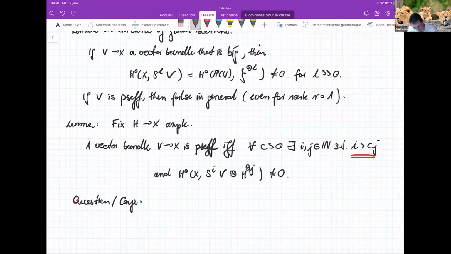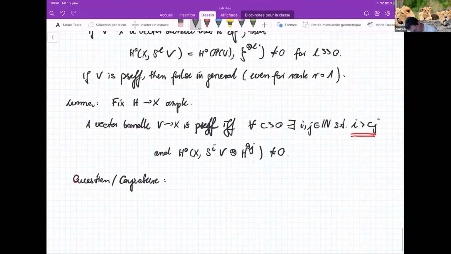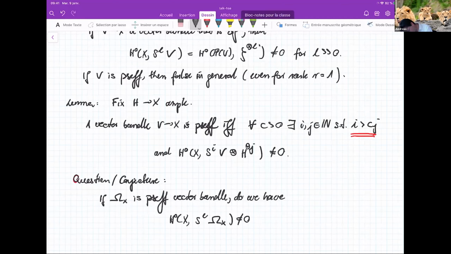Question, conjecture: if omega X is a pseudo-effective vector bundle, then do we have global sections for some symmetric power, for some L in N?